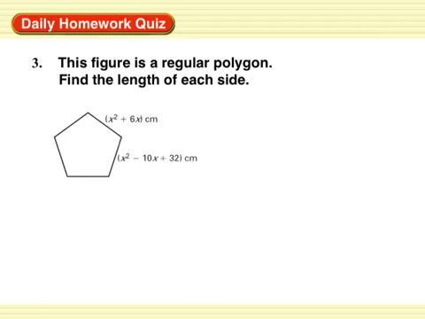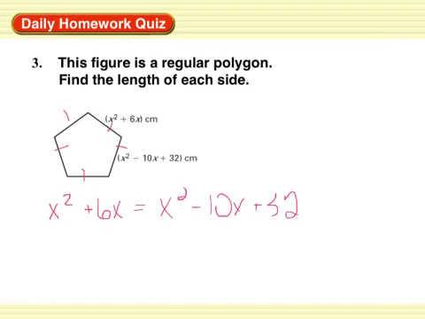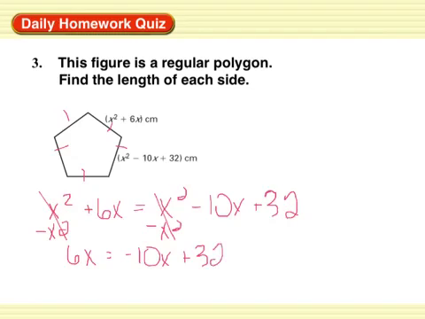This figure is a regular polygon. Find the length of each side. They're regular, so all of the sides are equal. Ooh, an x squared. I can subtract x squared from both sides, and yay, the x squareds are gone. I need to go to a new page.